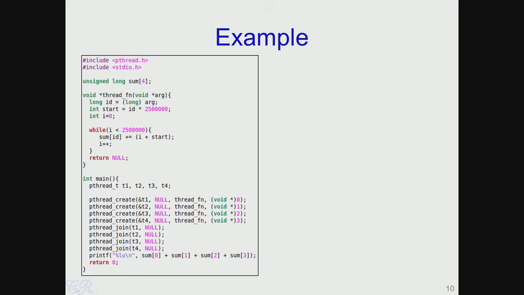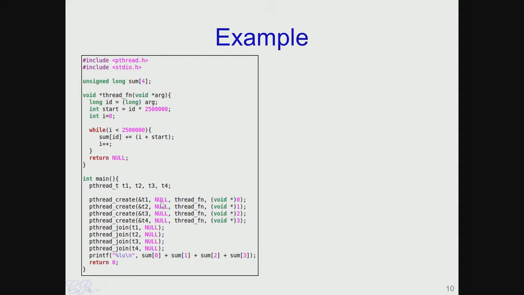Now, as we have seen in the earlier slide, creating the thread is done by the function pthread_create. Each of these pthread_create invocations would pass the pointer to one of T1, T2, T3 and T4, which then gets filled with the thread identifier or the TID of the newly created thread.